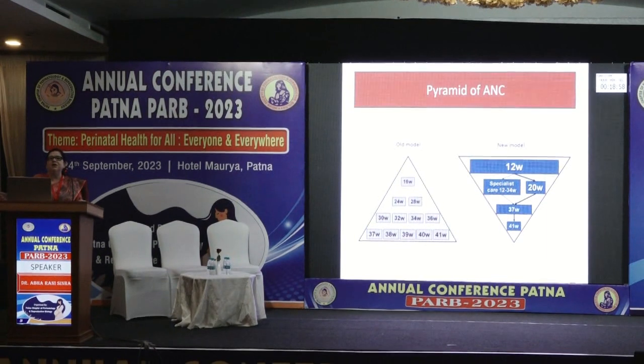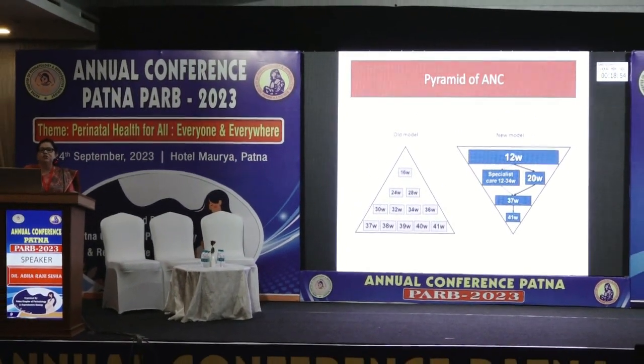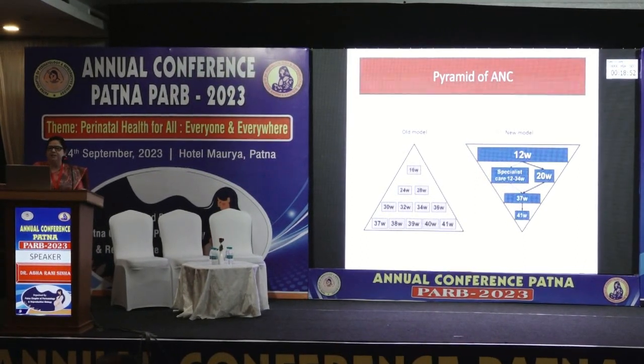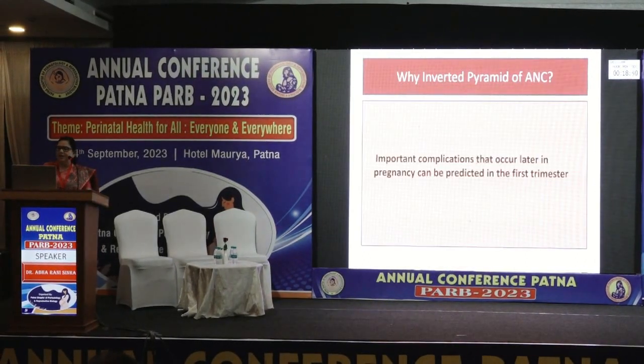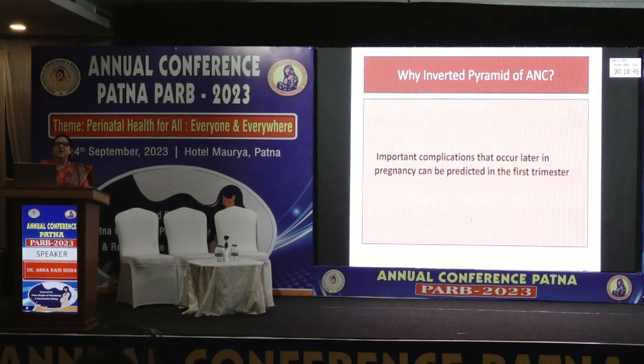But now we have an inverted pyramid where the 11 to 13 weeks is the most crucial part of the antenatal care. Why? Because important complications that occur later in pregnancy can be predicted in the first trimester.